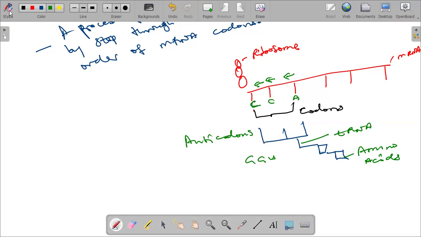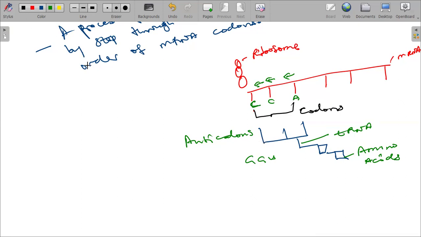So when you see a question on codons and anticodons, the process taking place is protein synthesis. You must not forget that one.